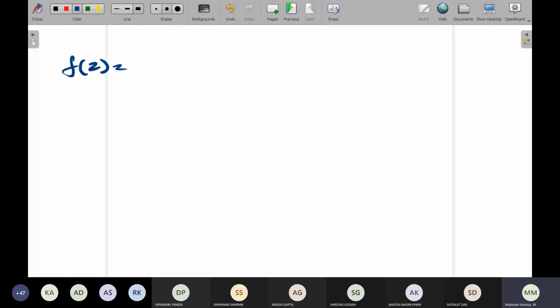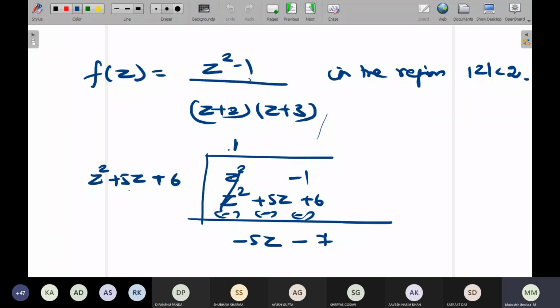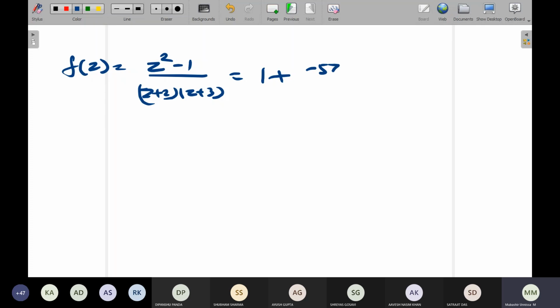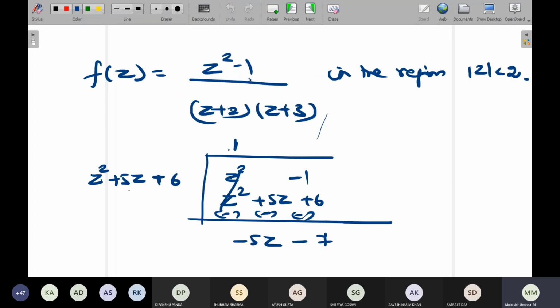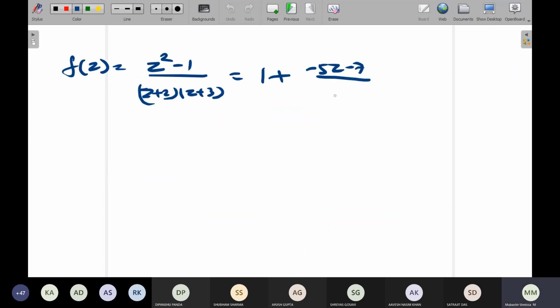This f of z is equal to z square minus 1 divided by z plus 2 into z plus 3. How can you rewrite it using this division? You can write it as 1 plus minus 5z minus 7 divided by z square plus 5z plus 6.